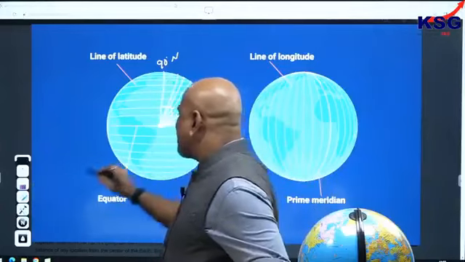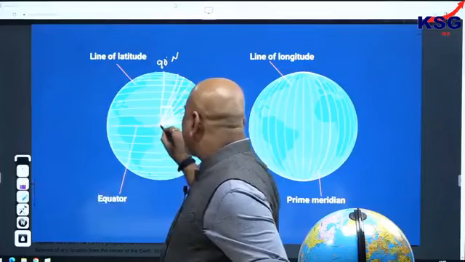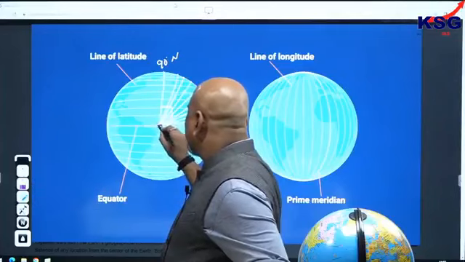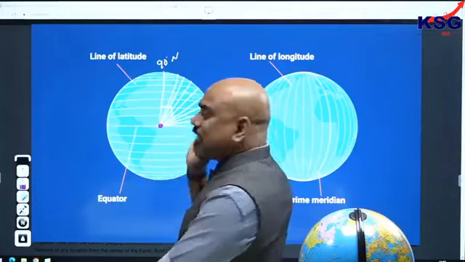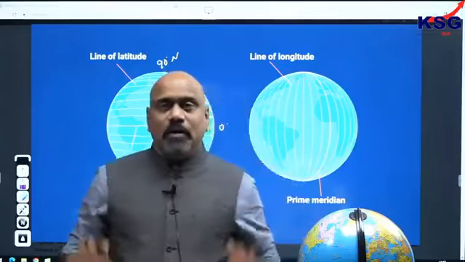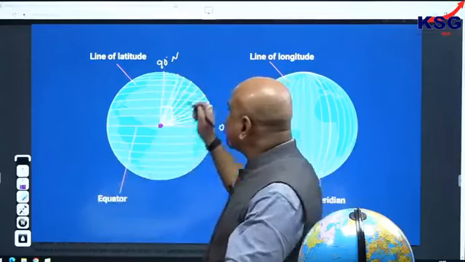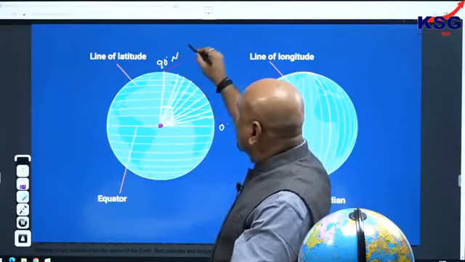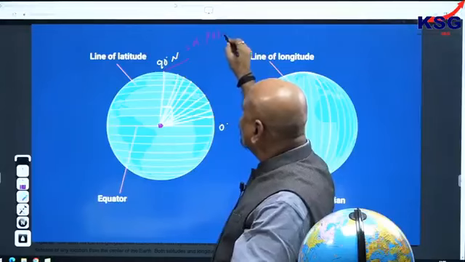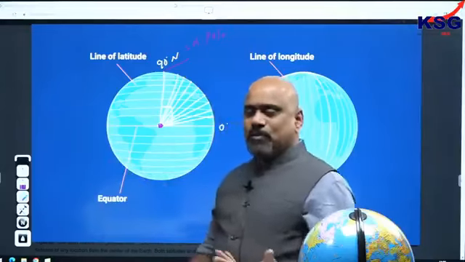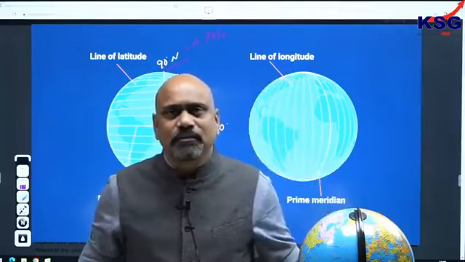This is the common center from which you have taken the angular distance. This is the center of the earth. Now imagine, 90 degree north is called the north pole, as I told you. Likewise towards south also, in the same way, you will get angular distance.